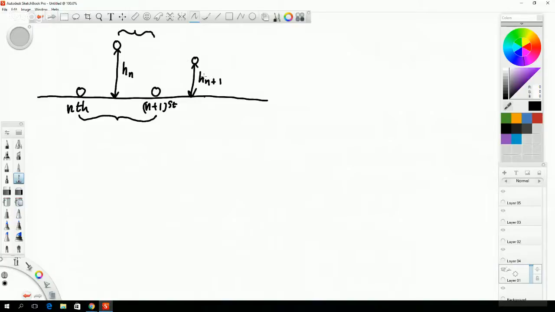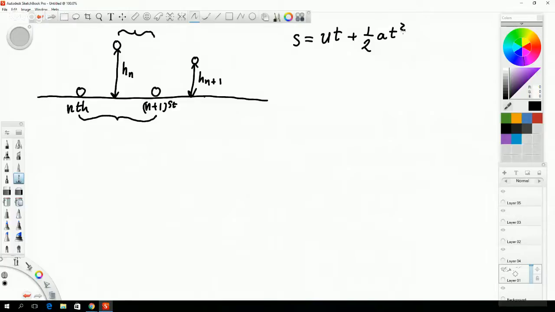It's quite an easy calculation using the Suvat equations of motion. In particular, we use s equals ut plus 1/2 at squared, where u is the initial speed and a is the acceleration. But let's use it in our situation.